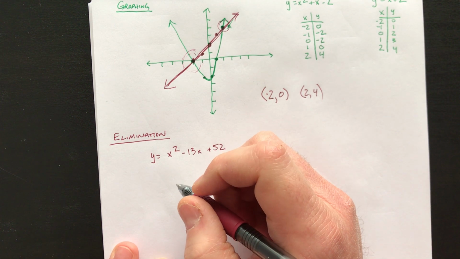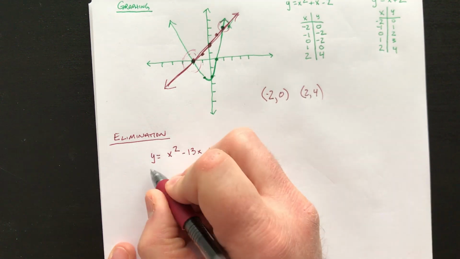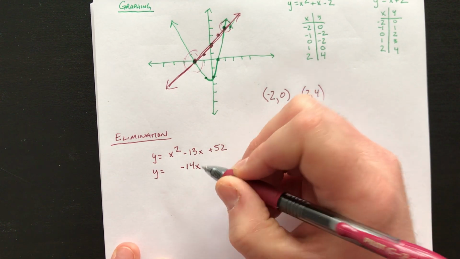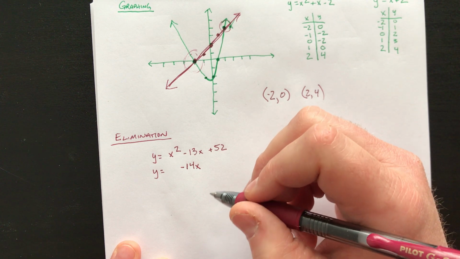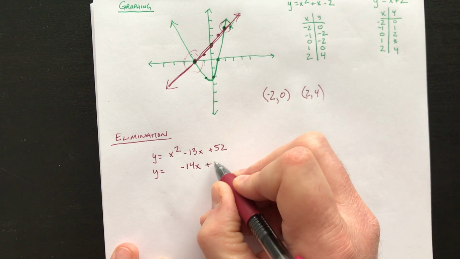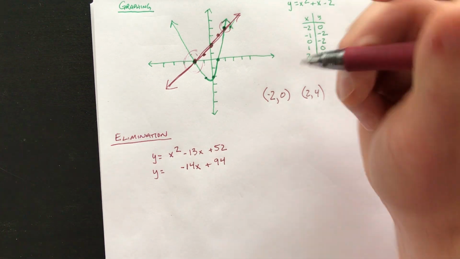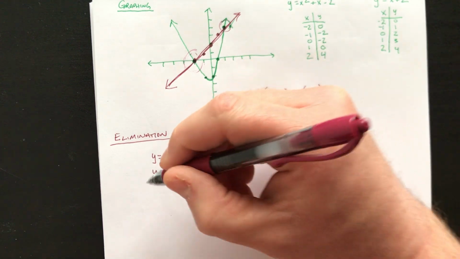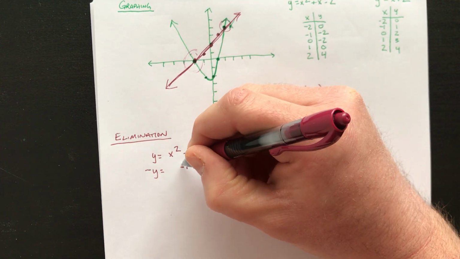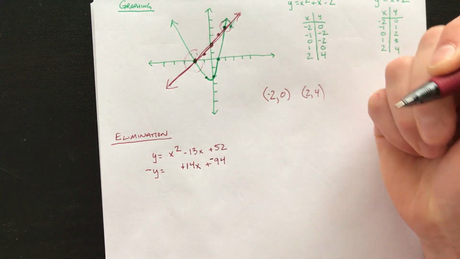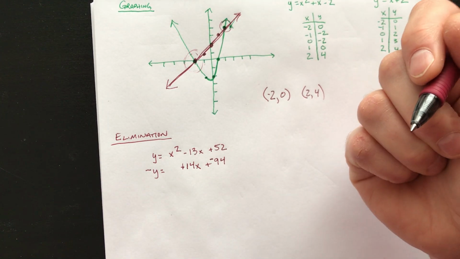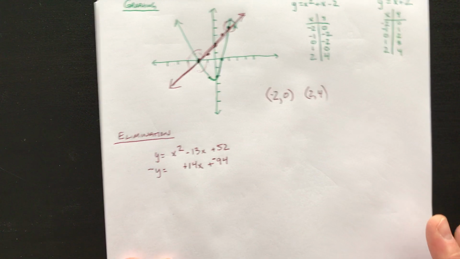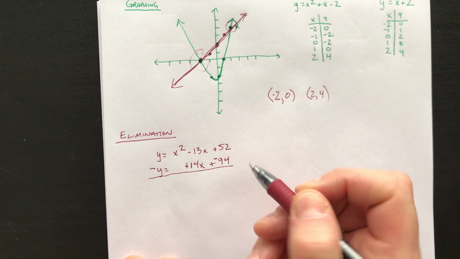And then the next one is y is equal to negative 14x plus 94. Now, remember with elimination, we need the y's to cancel. So I'm going to change the sign on everything in the bottom equation. And now I add the 2 equations together.